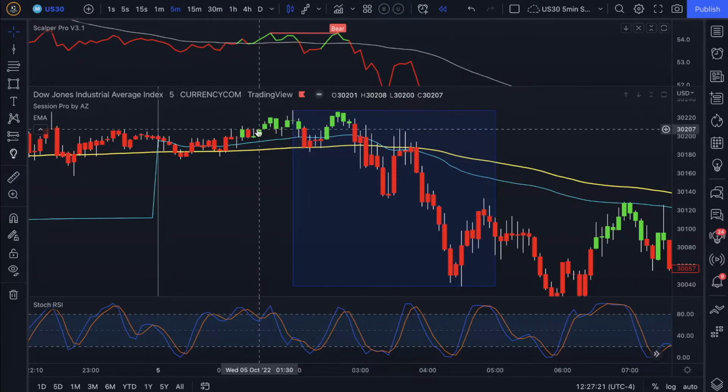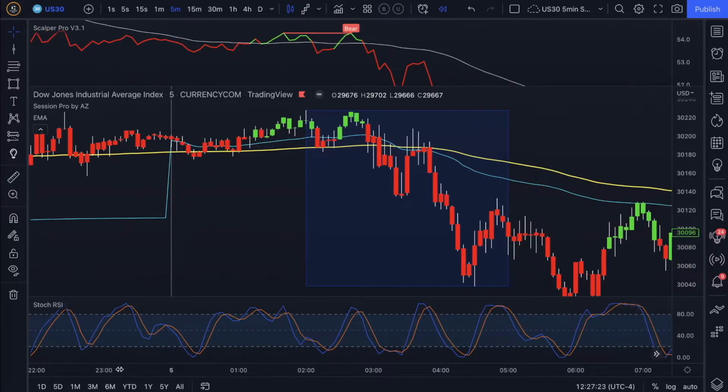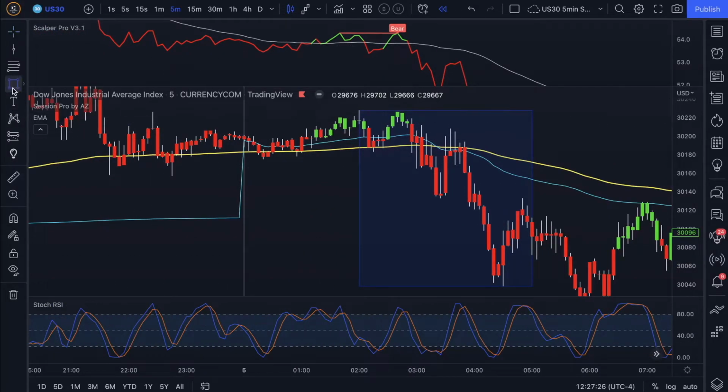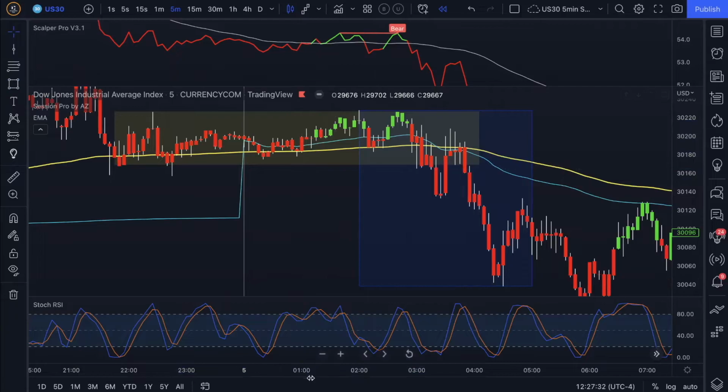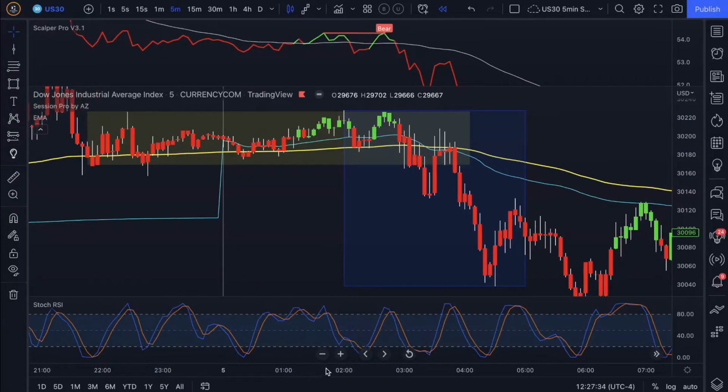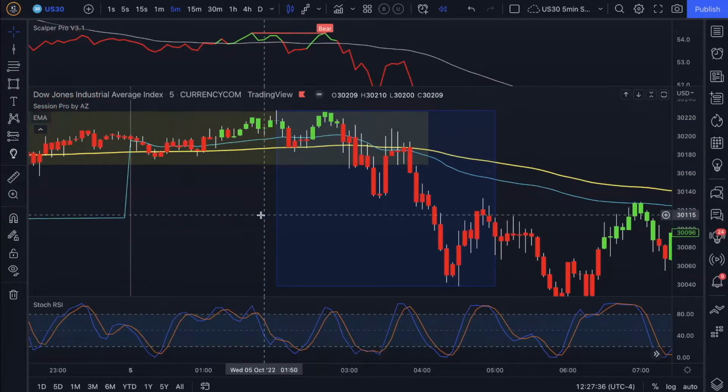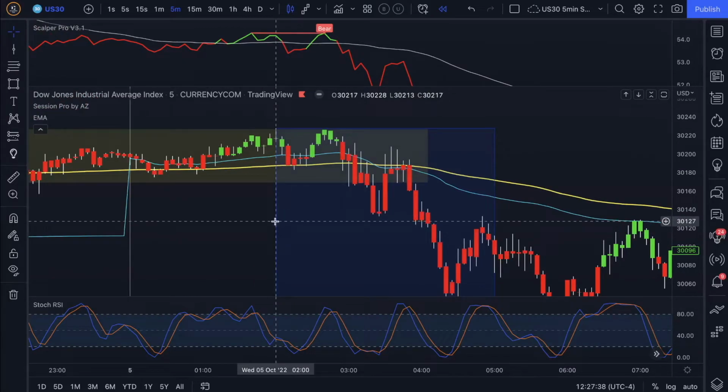So we again had this consolidation after the Asian session, right around New York midnight, sorry. We're right in this consolidation, and now the London kill zone started. So now we are waiting for our setup to appear.